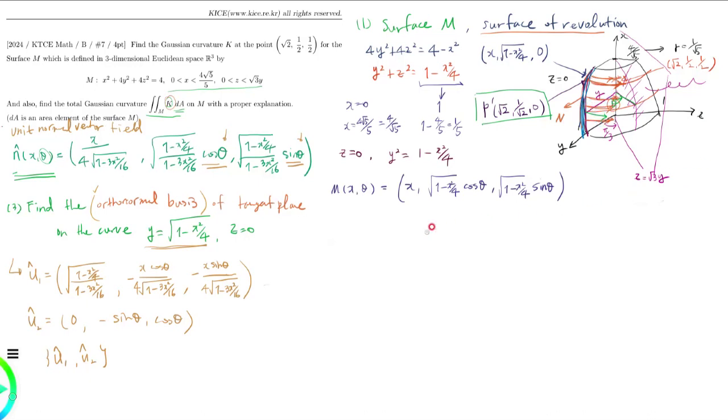Okay, so the last thing is to find the value of the shape operator. Actually, it is more related to the directional derivative. Let me say shape operator L in the direction, let's say B direction here.